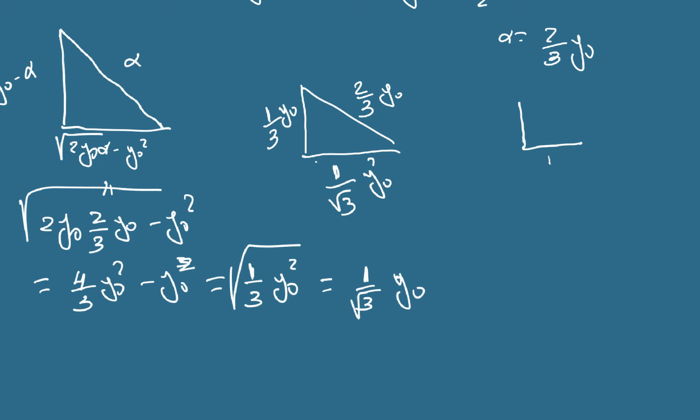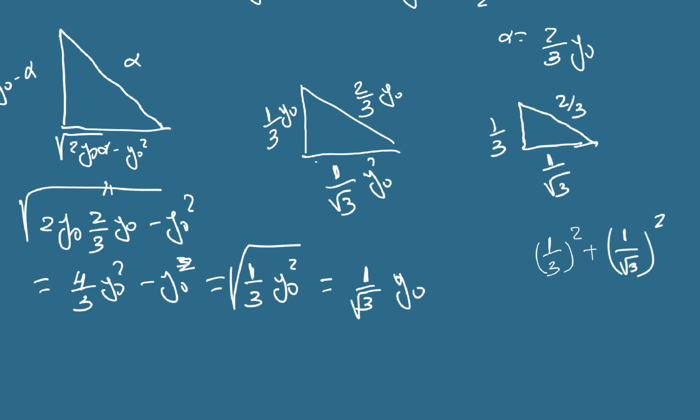So the triangle that we are talking about has 1/3 for the height, 2/3 for the hypotenuse, and we should check if we have made any mistake by using the Pythagorean theorem. It will be 1/3 squared plus the other side, 1 divided by square root of 3, squared. This should be 2/3. If it's 2/3, we didn't make any mistake.